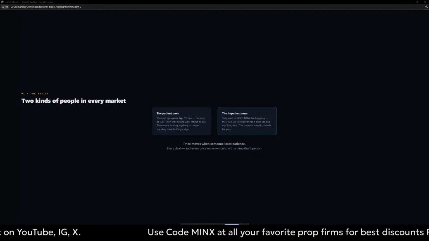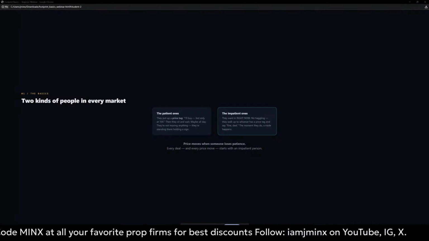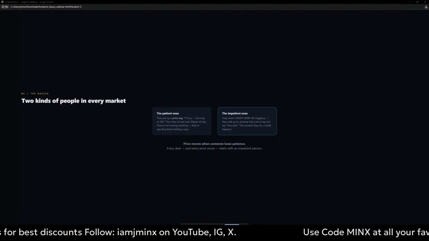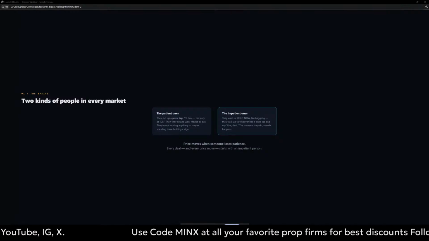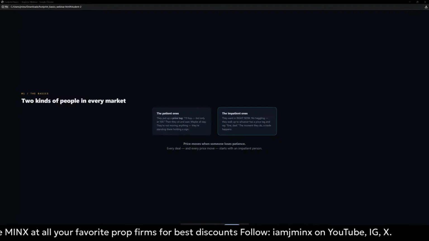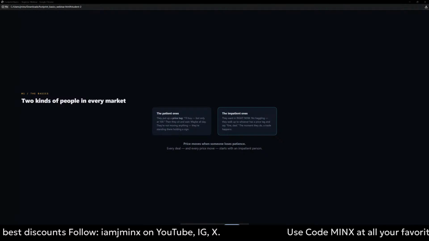If impatient buyers keep taking every price tag sellers put up, price climbs. If impatient sellers keep dumping into every buyer's tag, price falls. So if we could measure impatience, who's desperate and how desperate, we'd know who's really pushing the market. Remember that, because that's exactly what the footprint chart measures.